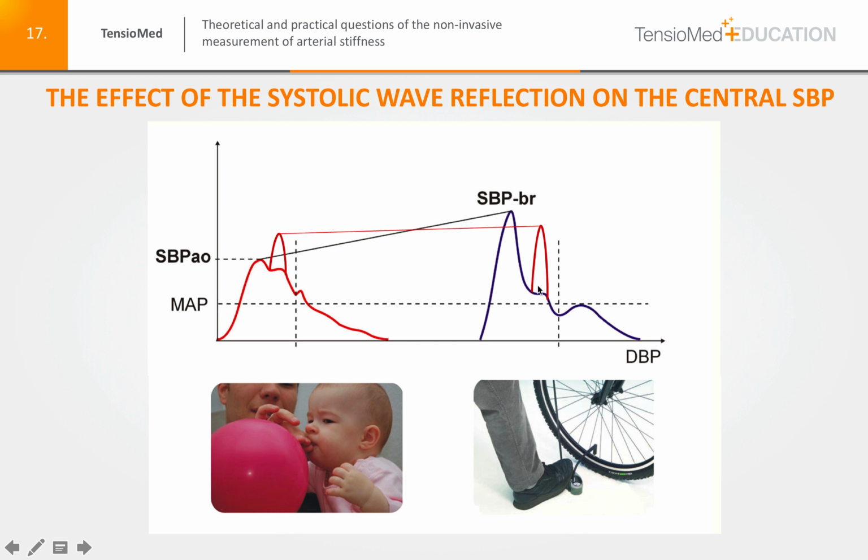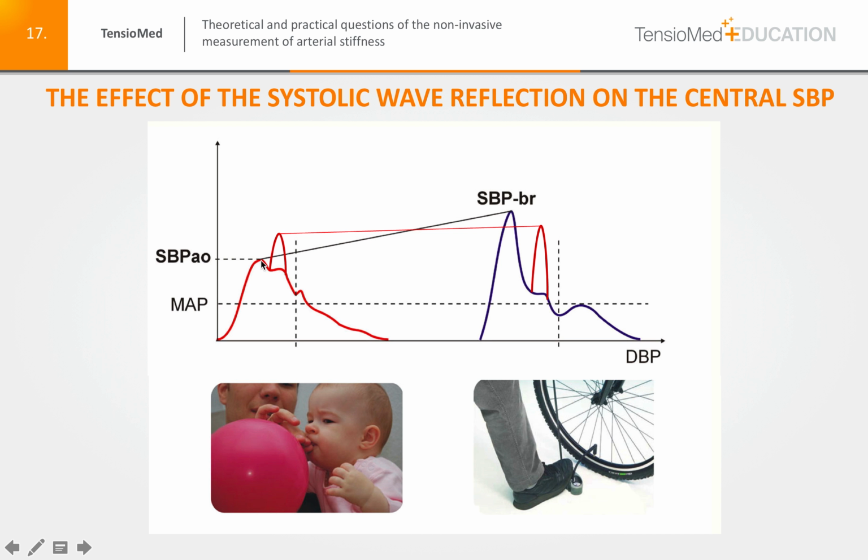The consequence is that if I wish to measure the central blood pressure at the brachial artery, I cannot do it directly, because the highest systolic pressure at the brachial artery is the first wave, and in the aorta still the second one.